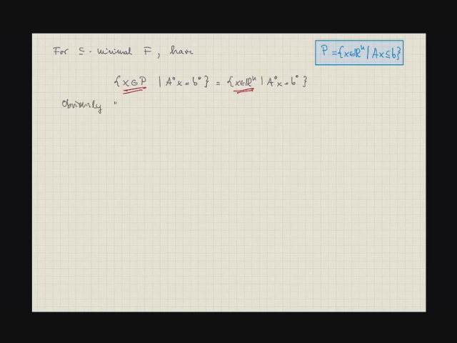So we have inclusion in this direction, so let us assume that this would be a strict inclusion and hopefully get a contradiction.